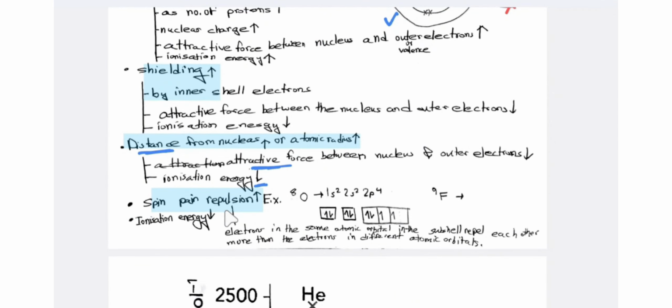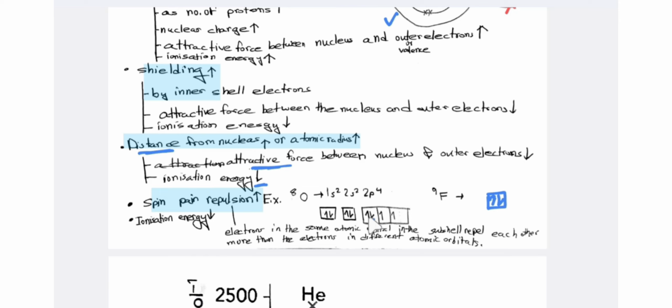Then for spin pair repulsion, suppose for oxygen there are 8 electrons, so the electron arrangement would be 1s2 2s2 2p4. For this electron arrangement, we can see that it contains spin pair electrons. That is, if this is an orbital, then this is a spin pair electron. This spin pair electron causes repulsion, and one of the electrons can easily be removed due to this spin pair repulsion.